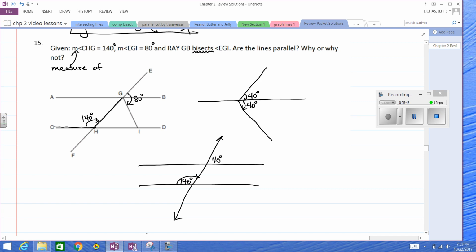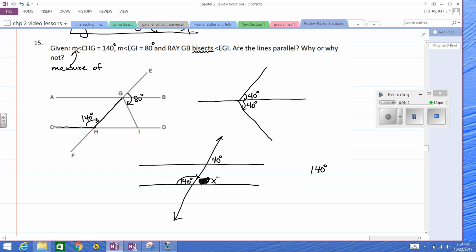Now here's what I'm going to do. I'm going to say, you know what? If that there is 40, okay, then I could say this is 40 by corresponding angles, right? Oh, let me back up. If the lines were parallel, that was a bad move. All right, never mind. Let me do this. Linear pair.